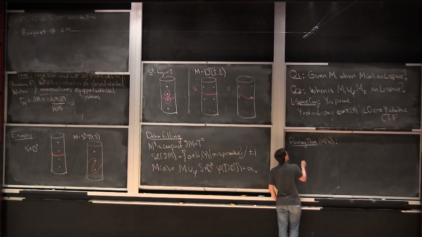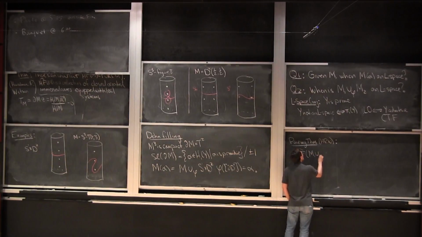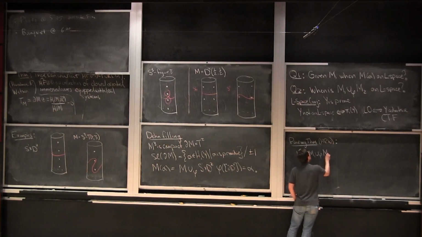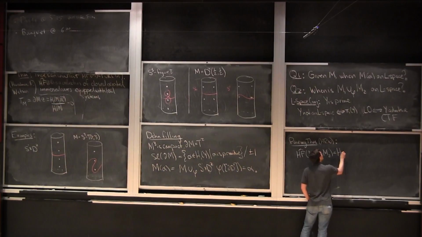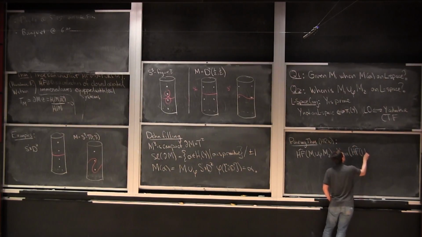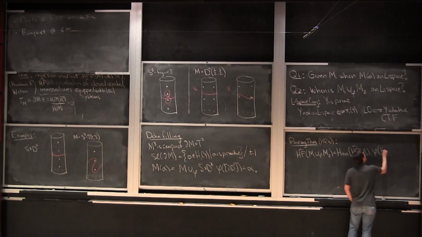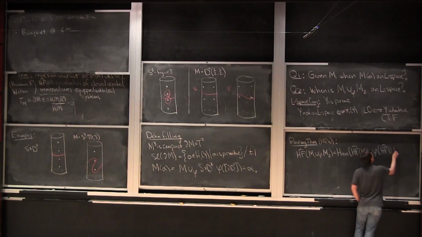It says that HF hat of M1 union along phi with M2 is hom of HF hat of M1, phi of HF hat of M2.